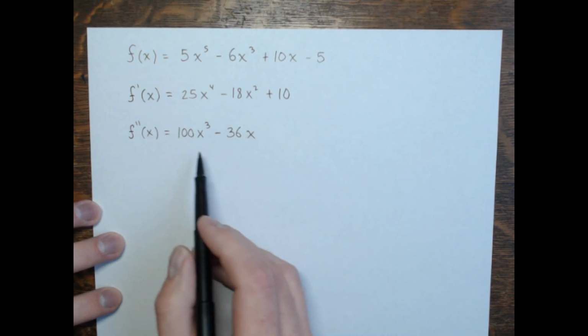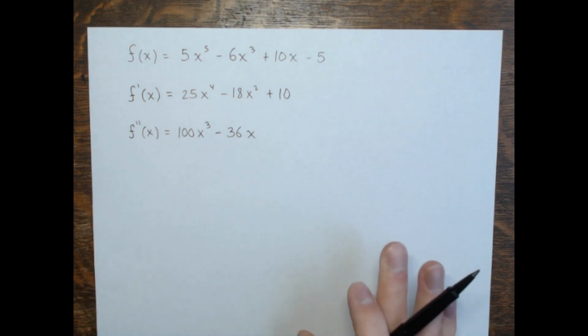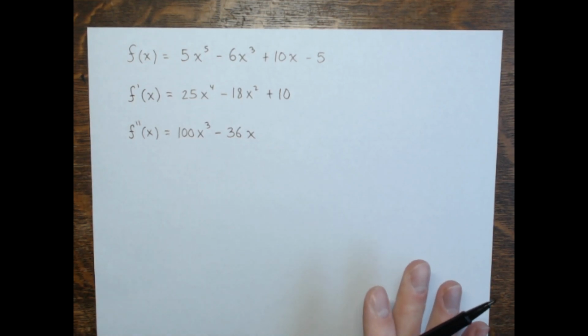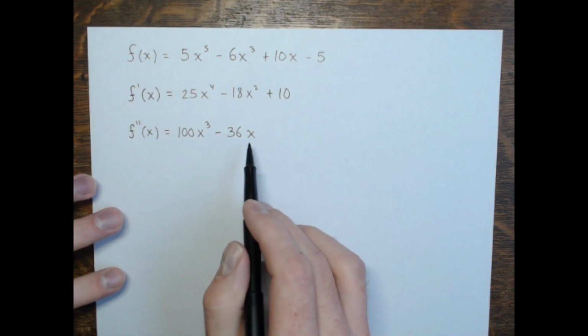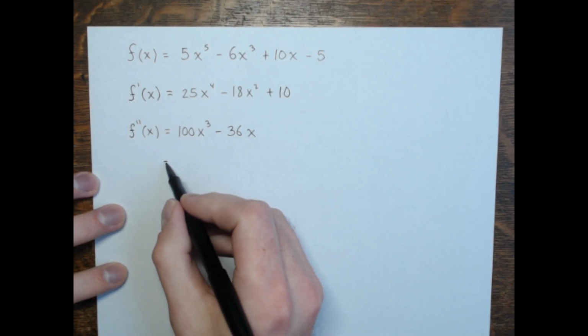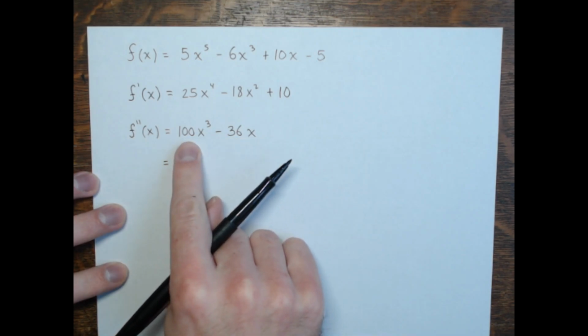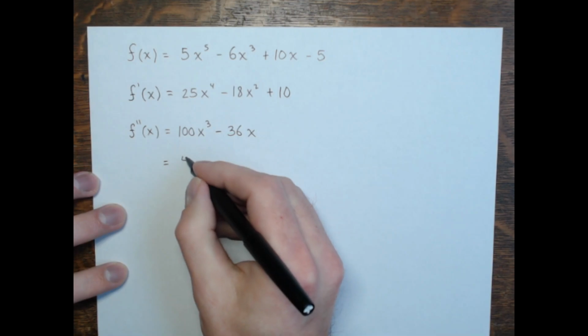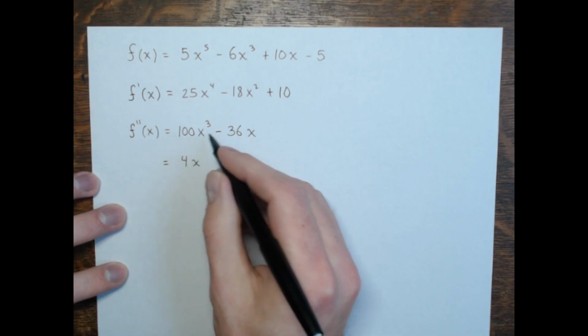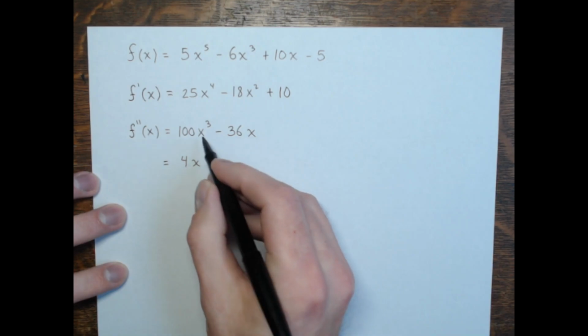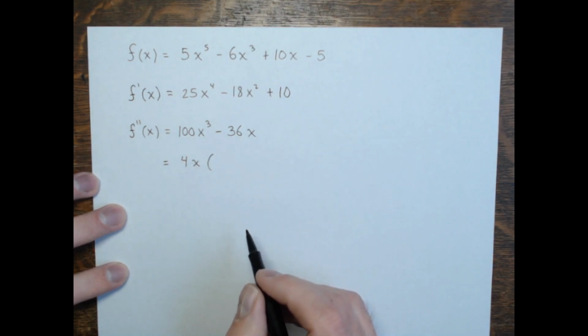And that's it. And if I want to make it easier to state where the critical points are, we could factor this a little bit. Both of these have 4x in common. 4 goes into 36 evenly, and they both have at least x to the first.